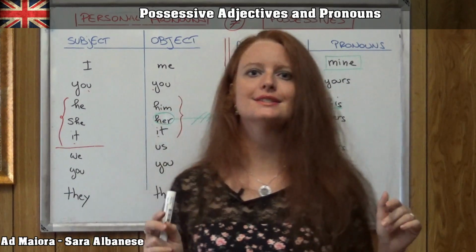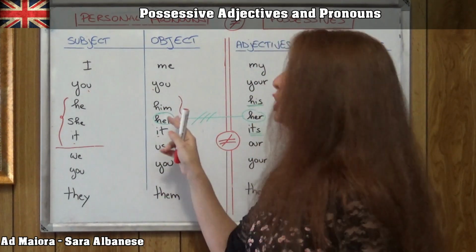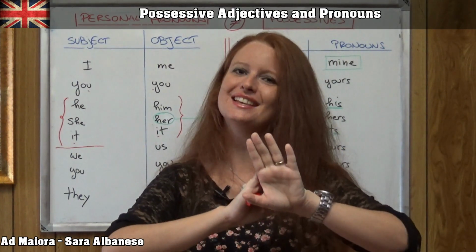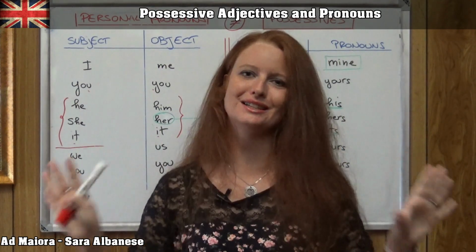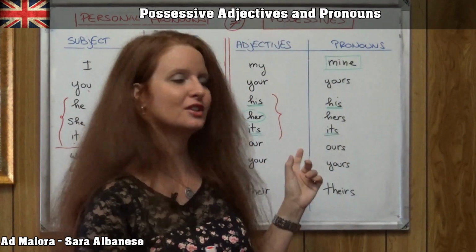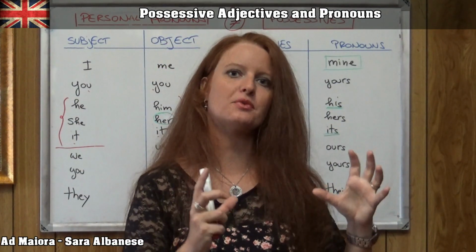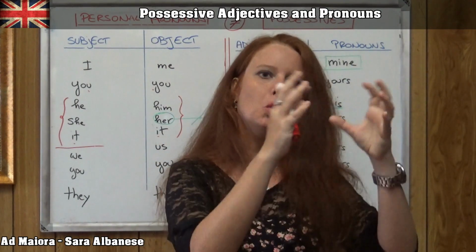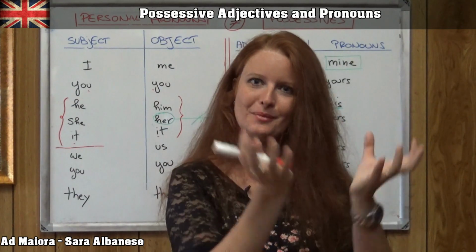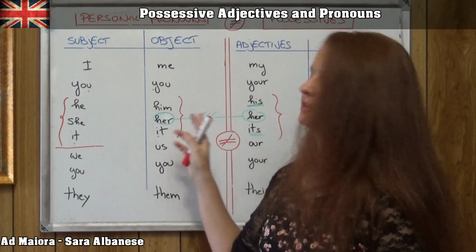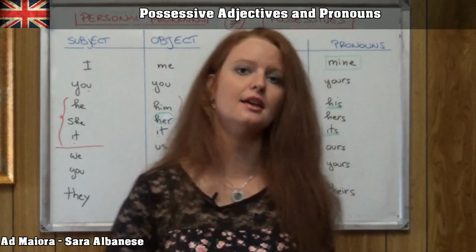Her means that something belongs to her, but this word is repeated twice and has two completely different meanings. Her as a possessive adjective means that something belongs to a woman, a girl, a feminine figure, while her as a personal pronoun is an object.